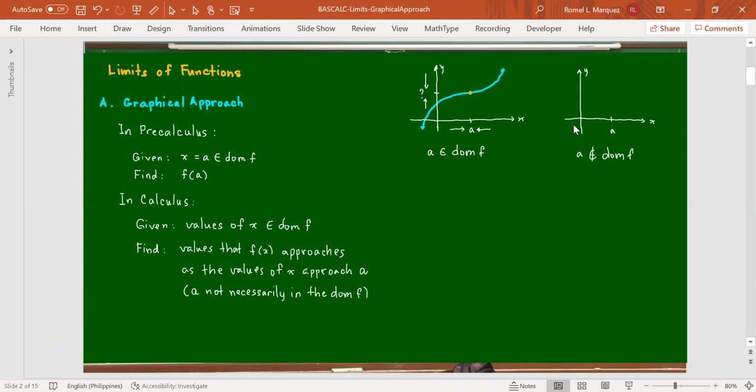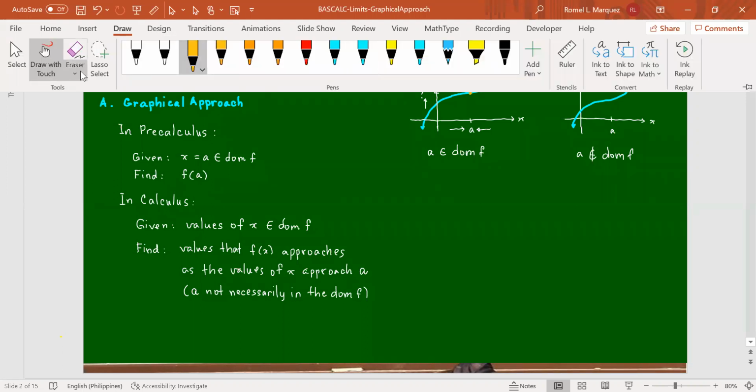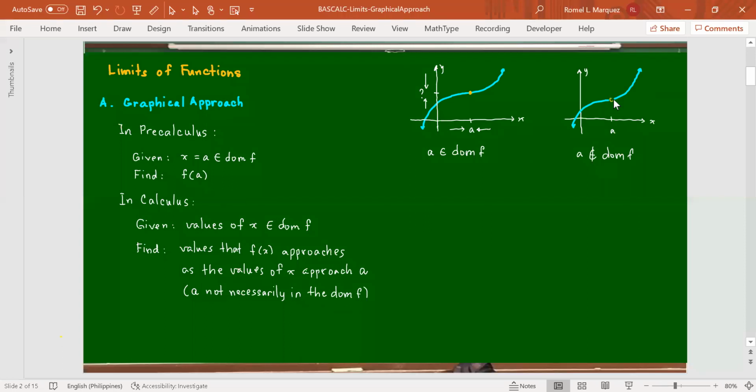And let's say this is the graph. And this time, a is not in the domain of the function.